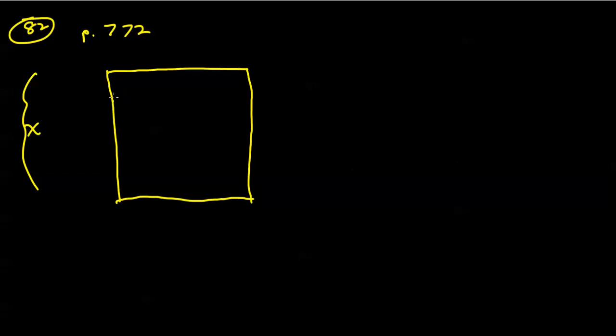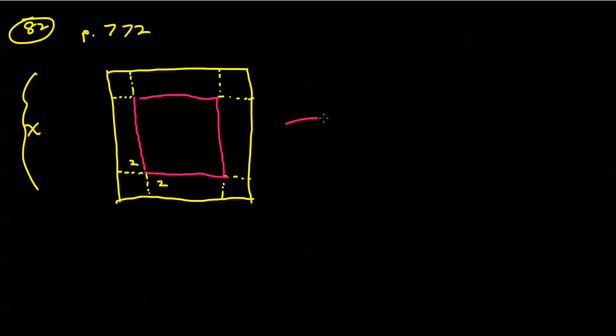Now what we're going to do is take 2-inch squares from each corner. And then on the purple lines I'm going to bend up these flaps, these tabs on the side, to make an open rectangular box.